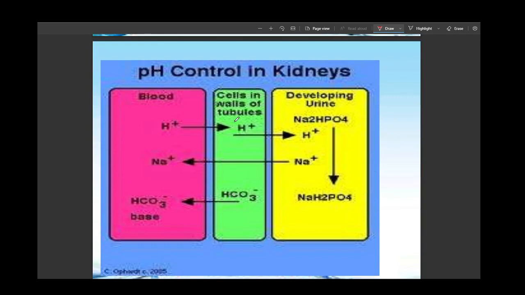Okay, and these are the cells in the walls of tubules. These are the walls of tubules, this is the developing urine, and this is the blood. Hydrogen is passing into the developing urine, and sodium is coming inside because we need retention of water. HCO3 is also coming inside because we need to maintain homeostasis in the body, the acid-base balance.